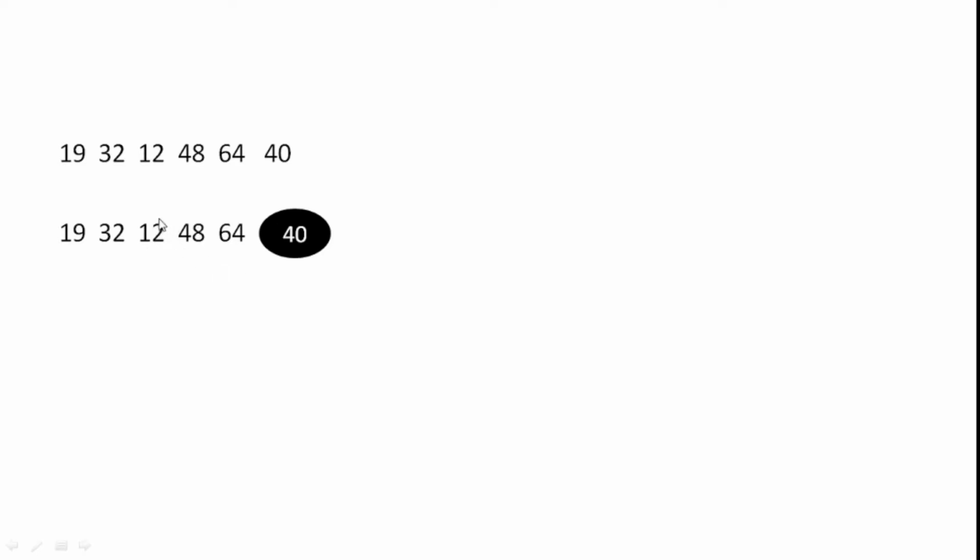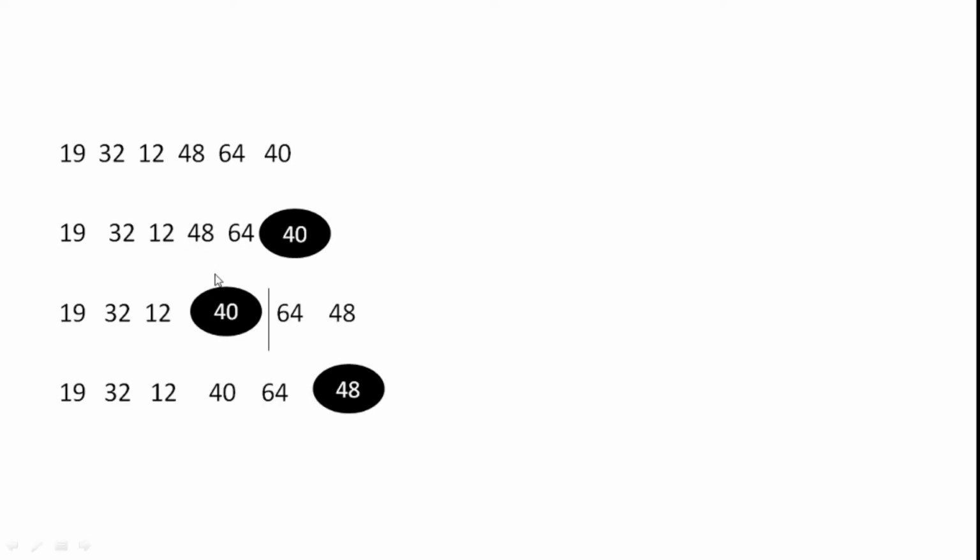If the size of the array is n, then this position is 1 less than n, so this is n-1. When we reach it, we exchange i plus 1 and the pivot value. i plus 1 is 48, so 48 and 40 are exchanged. After exchanging 48 and 40, we have got this array.